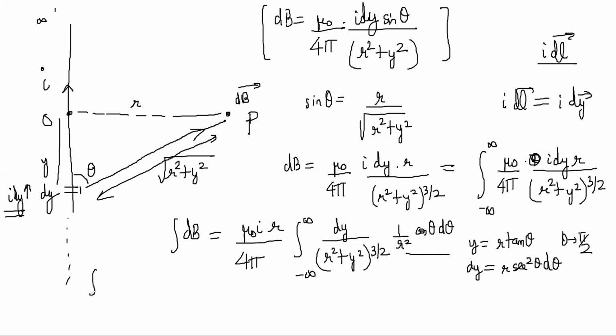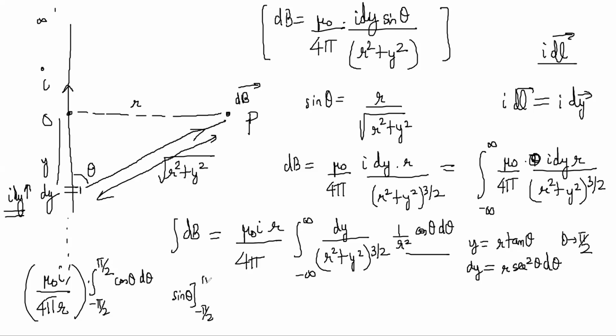So my integral is from minus pi by 2 to pi by 2, and it becomes mu naught I by 4 pi r. The r square I have taken outside, 1 by r square. So cos theta d theta from minus pi by 2 to pi by 2. So it is sine theta. So from minus pi by 2 to pi by 2, that becomes 2. So mu naught I by 2 pi r comes as my answer, right?